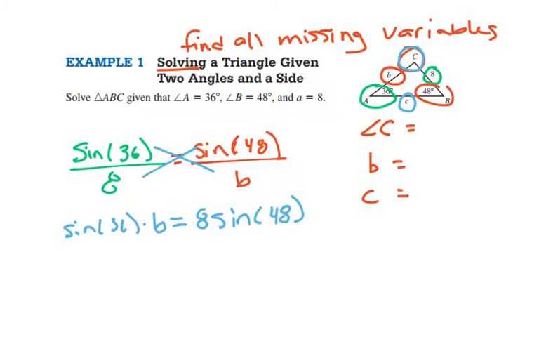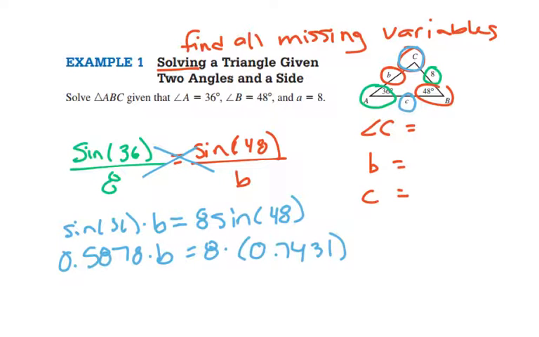Alright, and so what mode am I in? Yep. Alright, so sine of 36 is going to be 0.5878, and of course you want to use as many decimals as possible. And then sine of 48 is 0.7431.